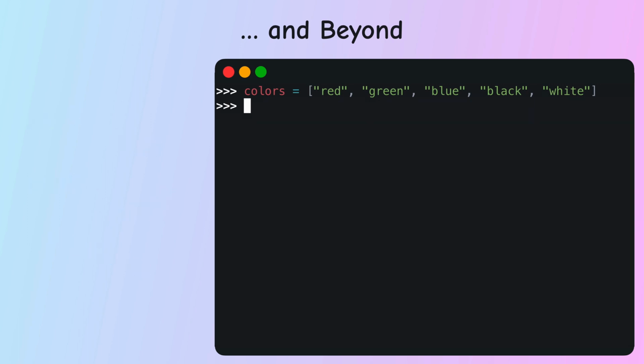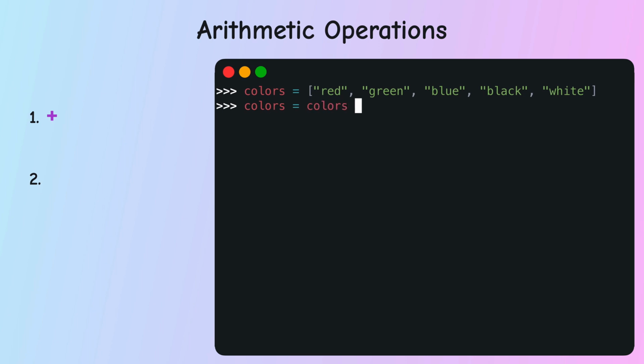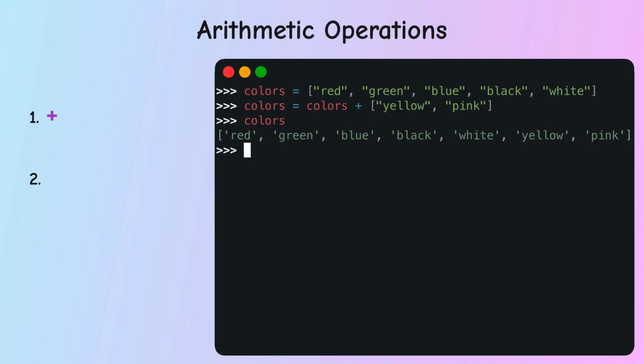But I want to throw in two arithmetic operations you can use with lists as well to get you started here. First of all, you can use the plus operator between two lists, in which case you will get a new list that contains the content of both lists, effectively concatenating the two, similar to using the plus operator in string data.